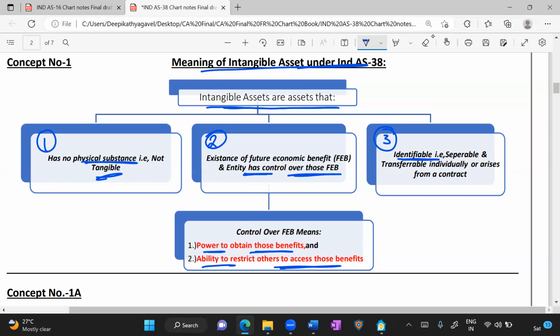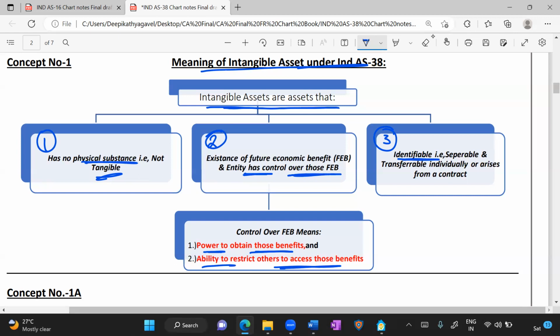So in order for an asset to be classified as an intangible asset under IND AS 38, first, it should have no physical substance, right? Second, there should be existence of future economic benefit, and I should have control over it. What do you mean by control? I should have the power to obtain benefits from that particular intangible asset and also restrict others from gaining any benefit from it, right?